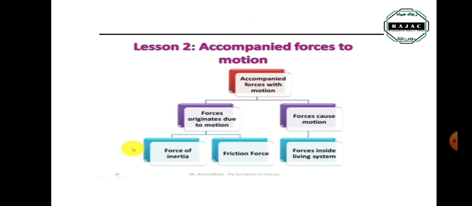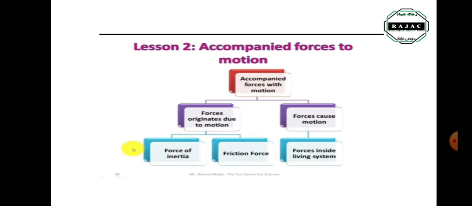These forces are due to the motion of the body, but the forces inside the living organism are forces that cause motion. So again, we talked about two types of forces.